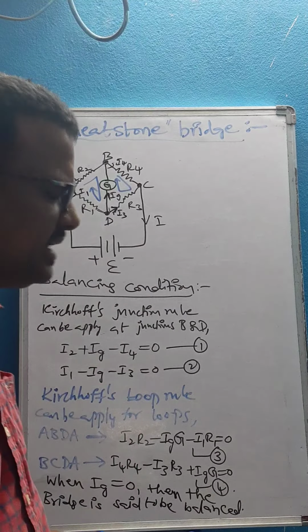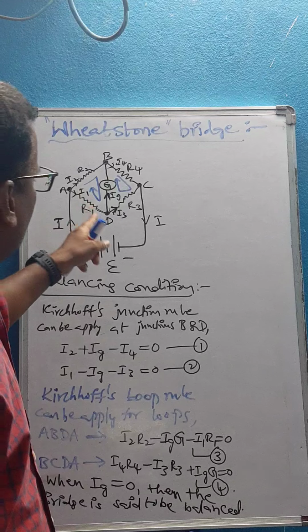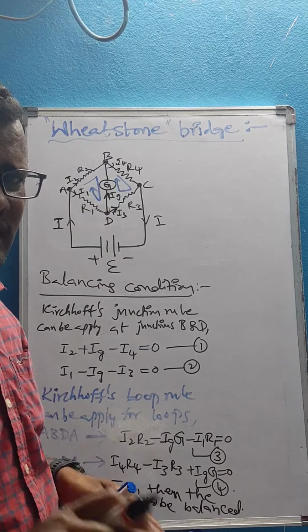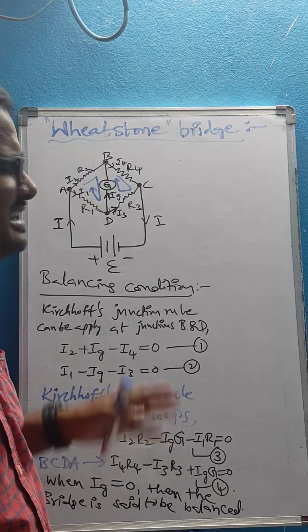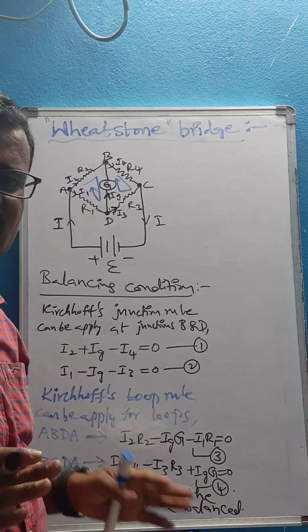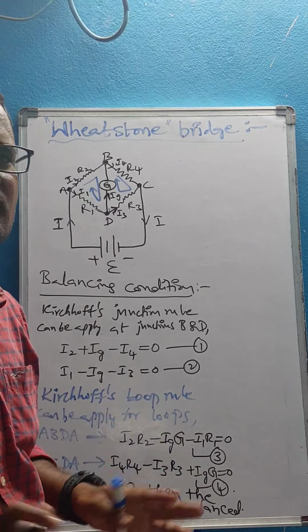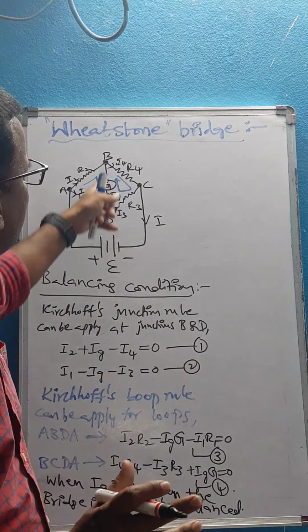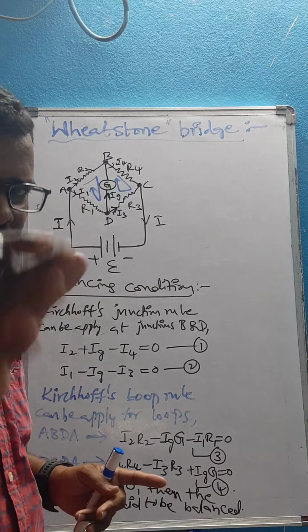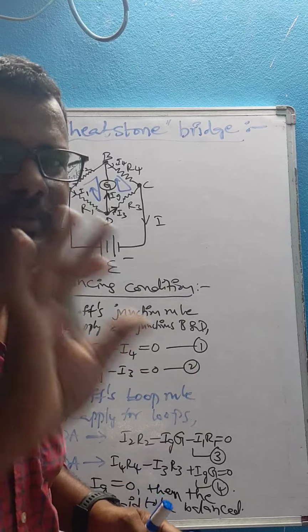When there is no current passing through the galvanometer, that means all the resistors have the same current. The same current is passing through all the resistors, then the galvanometer current is 0. Then we say that the bridge is balanced.